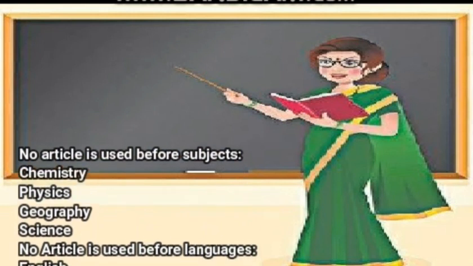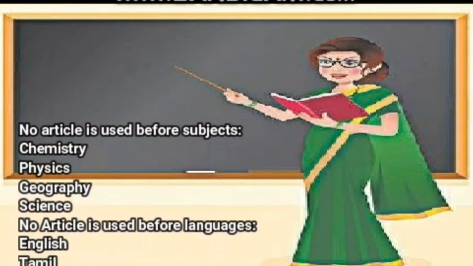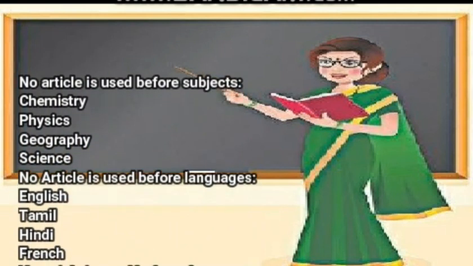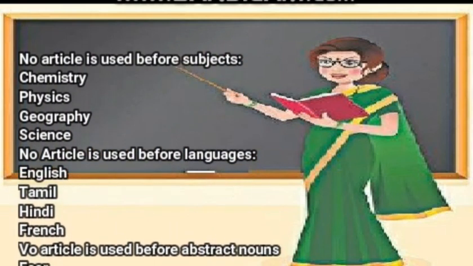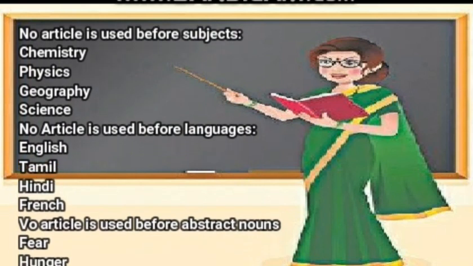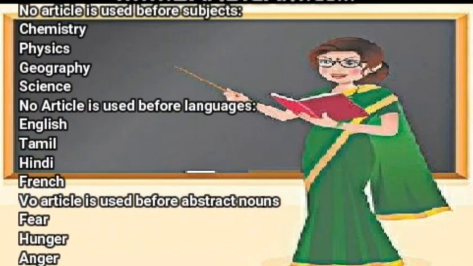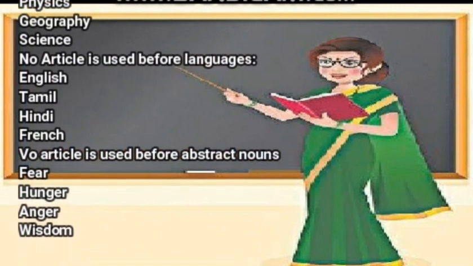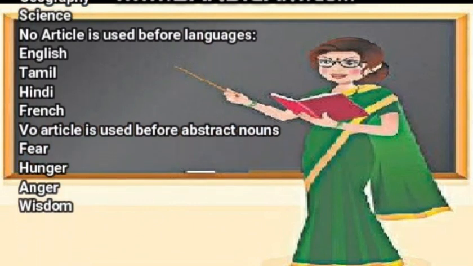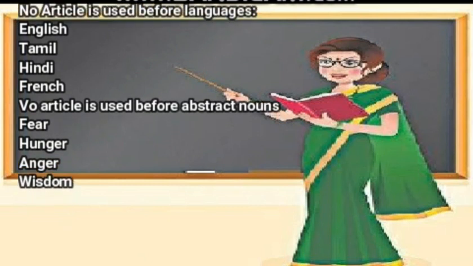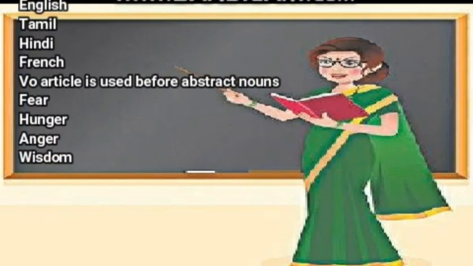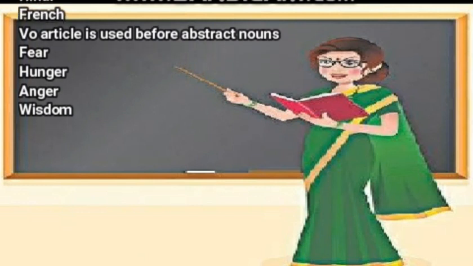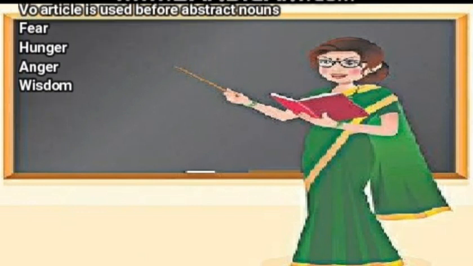And before subjects, we should not use "the". For example, the chemistry, the physics, the English should not be said. Okay, and for languages also, the English, the Tamil, the Hindi should not be said. Okay, we should not use "the" near abstract nouns: hunger, anger, fear, like this, right?